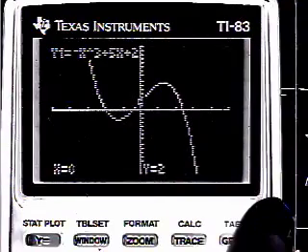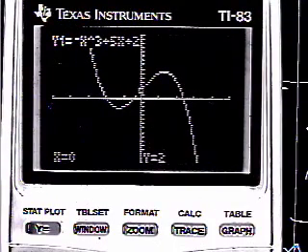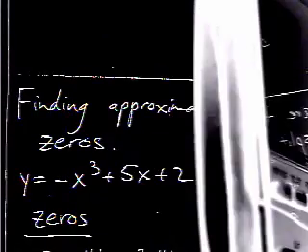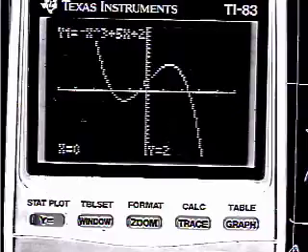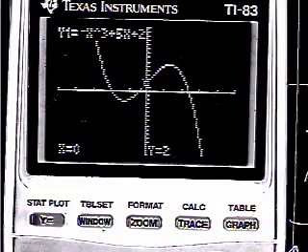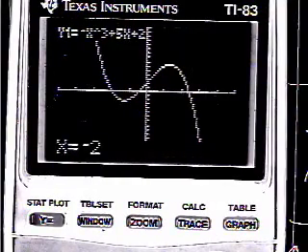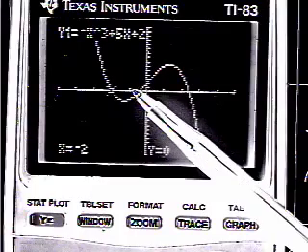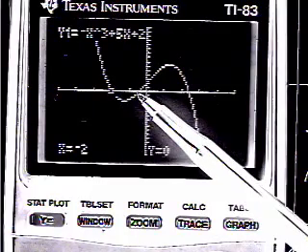We can hit the trace button, and if we want to just guess that negative 2 is one of our values, we can just type it, negative 2. And it did work out to be one of our zeros. But a lot of time we're not going to be able to tell that. Like for instance, this one right here, I don't really know what that one is.